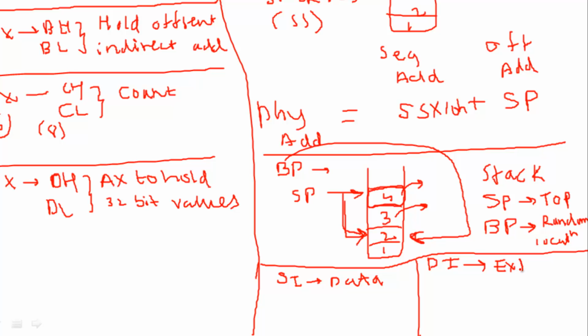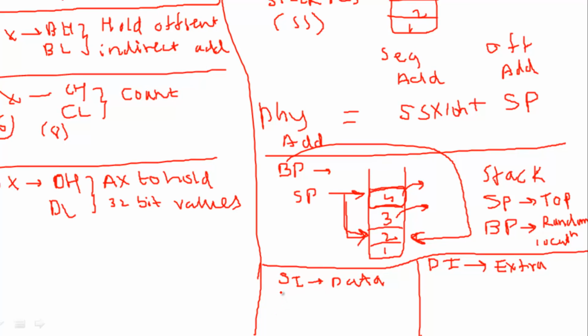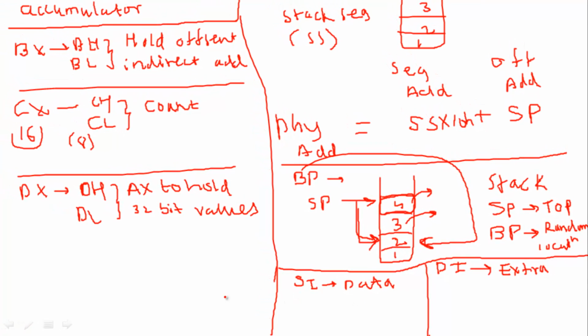DI holds the offset address of the extra segment. These both can be used for any other segments also, but for that we have to do segment overriding. And both of them perform one more important operation in the string operation.